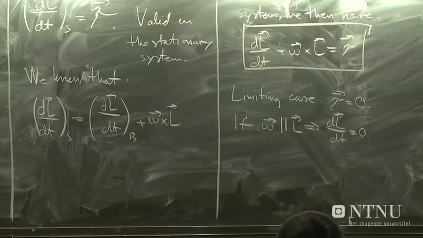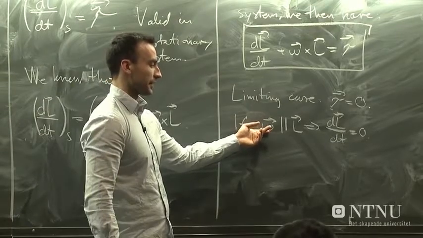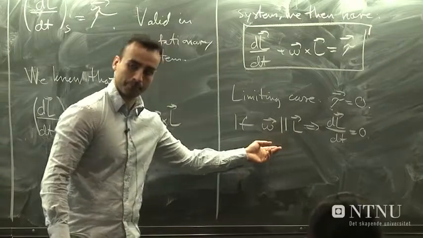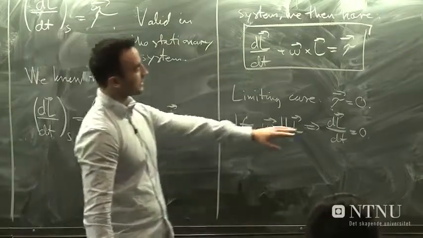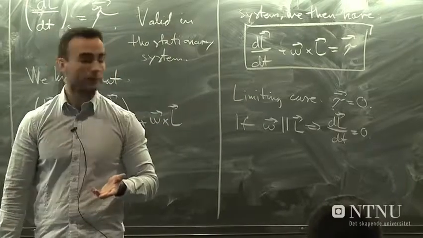We will experience no change in the angular momentum if the angular velocity vector is parallel to the angular momentum. But this is only valid in the case of a freely rotating system, so there's no external torque.